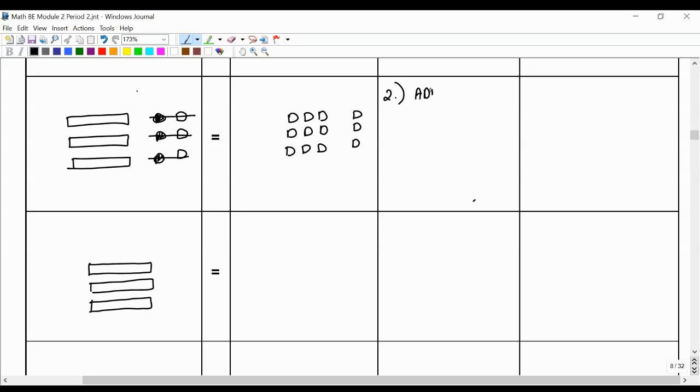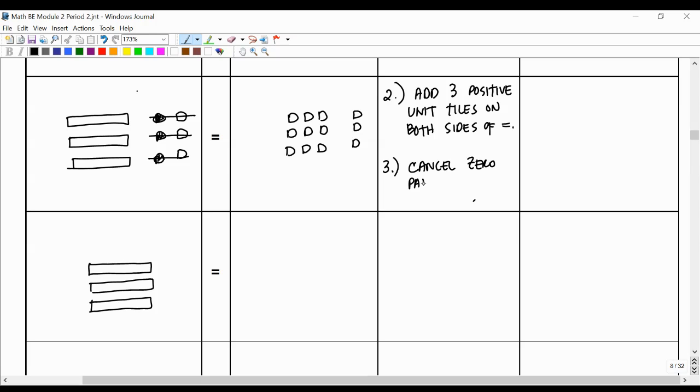So we add 3 positive unit tiles on both sides of the equal sign. Step 3, we also did cancel 0 pairs.